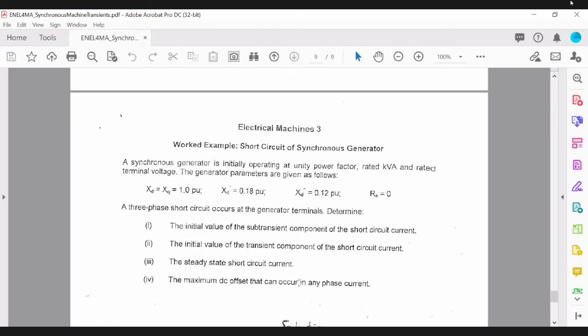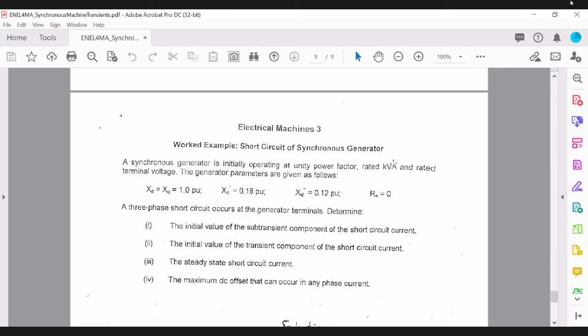So let's look at a worked example. So this machine is initially operating at unity power factor and operating at rated load, rated kVA, and rated terminal voltage, right?